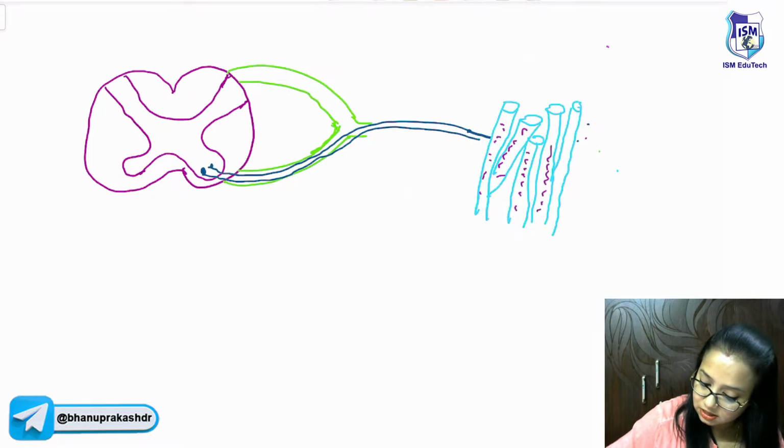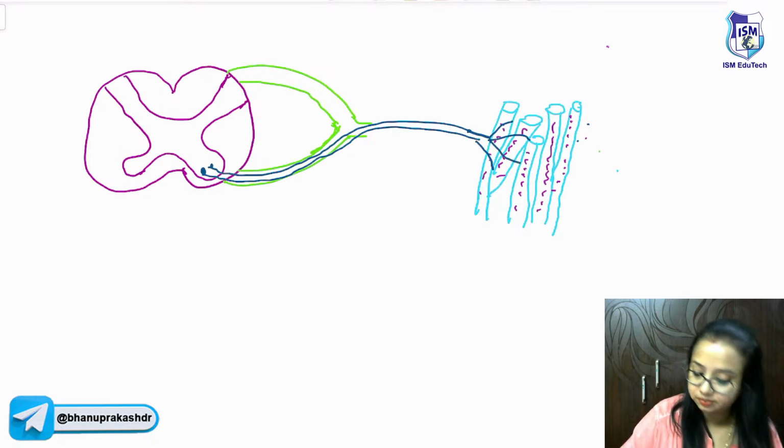If these are the skeletal muscle fibers, so they are innervating over here like this, branched out and innervating.